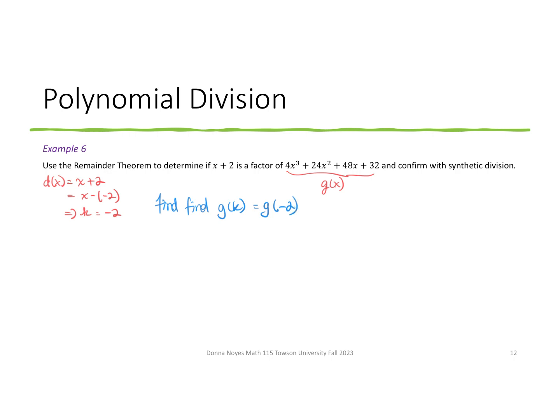Okay, let's do it then. g of negative 2 equals 4 times negative 2 cubed plus 24 times negative 2 squared plus 48 times negative 2 plus 32. If you plug all of this into your fancy calculator to see what you get, you end up with 4 times negative 8 plus 24 times 4 minus 96 and plus 32.